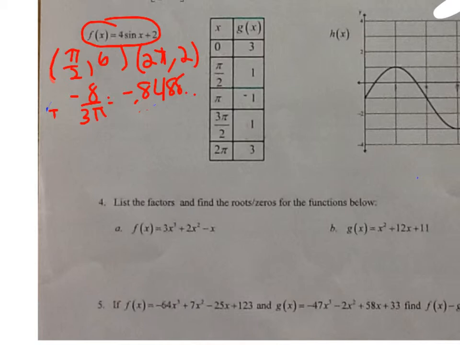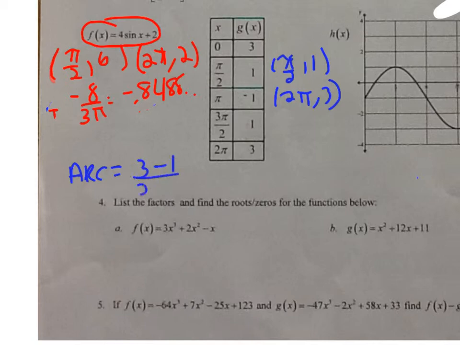All right, so g of x, so my x is pi over 2, my y is 1, and my x is 2 pi, and my y is 3. So remember, it's y minus y over x minus x, so the average rate of change is 3 minus 1 over 2 pi minus pi over 2. So that's 2 over, and we already had 2 pi minus pi over 2.